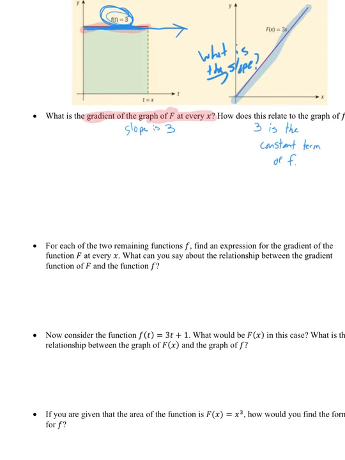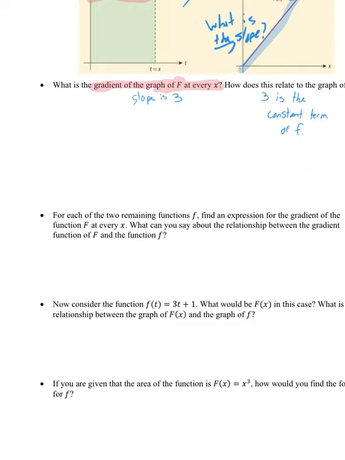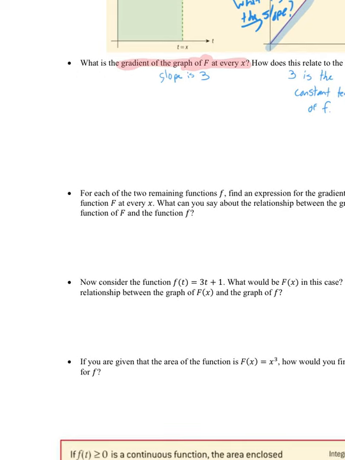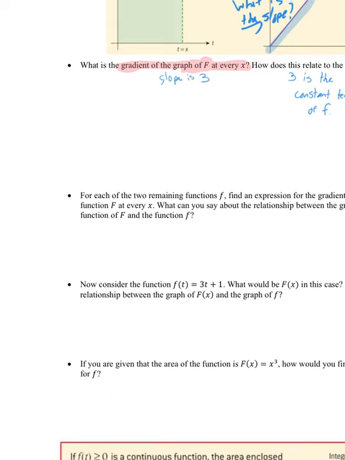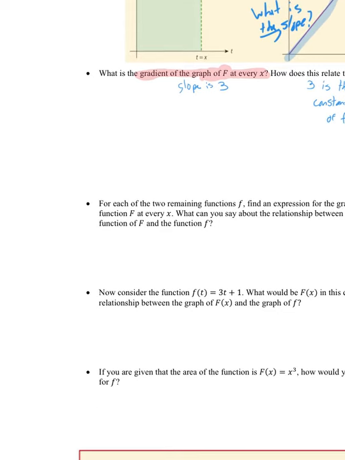Okay, so for each of the two remaining functions f, find an expression for the gradient of the function F at every x. What can you say about the relationship between the gradient function of F and the function f? For the other two problems we did, one of them was f of t equals t, and the other one was f of t equals 2t.